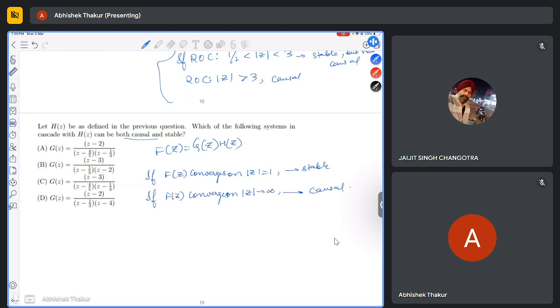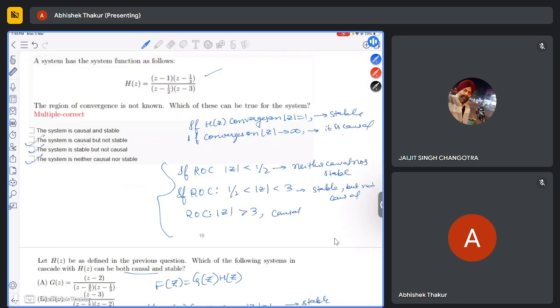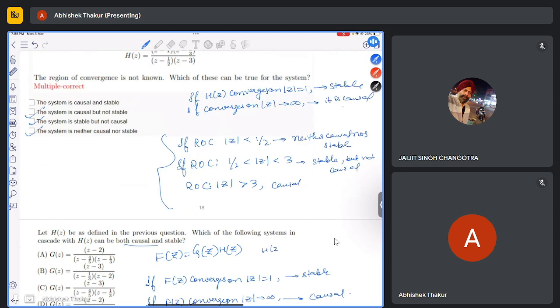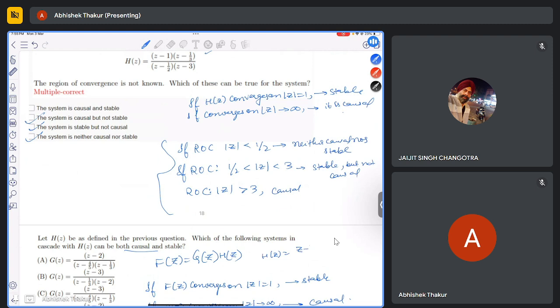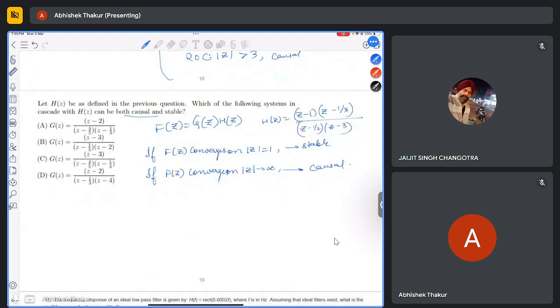So in this case, when we do F(z) equal to G(z) into H(z), our H(z) is from the previous question: (z minus 1)(z minus 1/3) divided by (z minus 1/2)(z minus 3). So when you multiply, then z minus 3 will go away in option C, and z minus 1/3 will go away. So the only ROC will be for option C, |z| greater than 5.